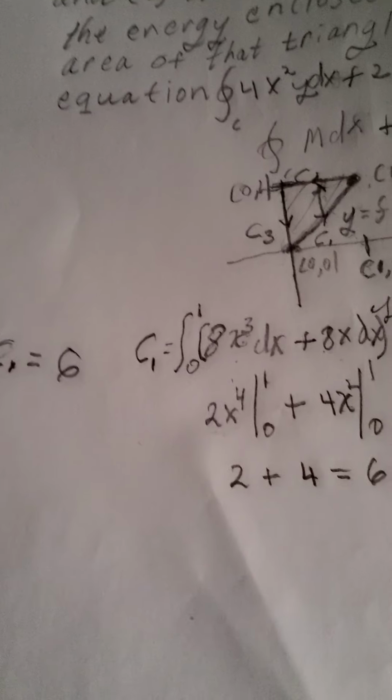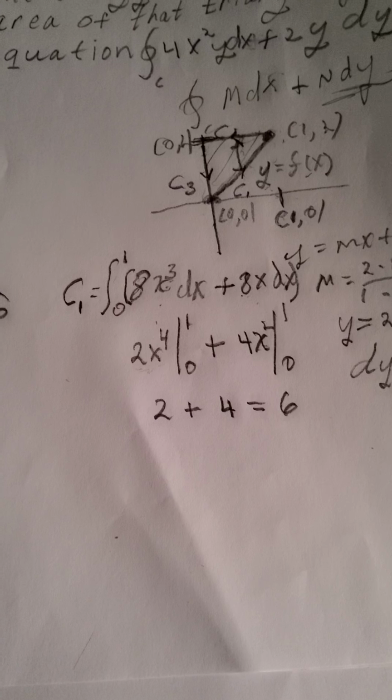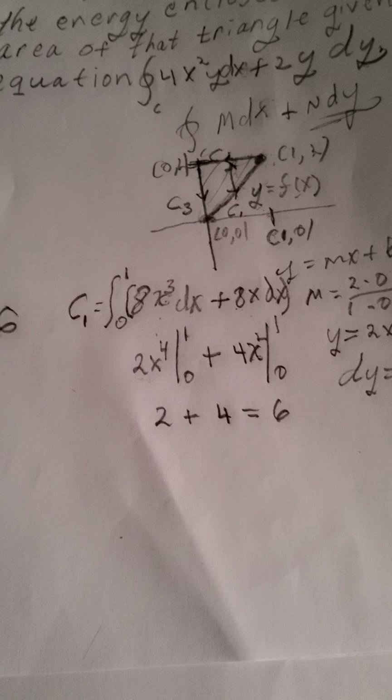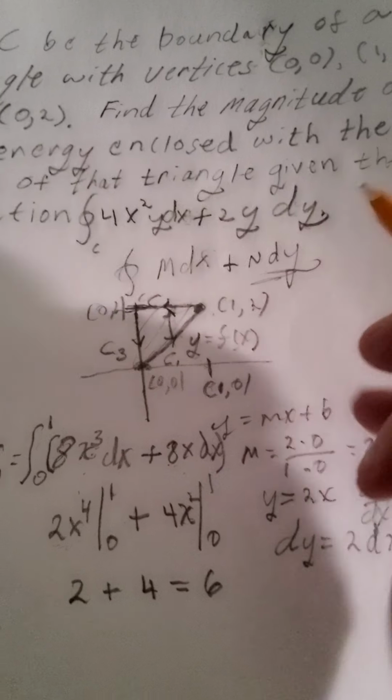Okay, and what's going to happen? Well, y isn't going to go up and down, so there's not going to be any dy, right? So I look back at my original equation, and dy is going to become 0.